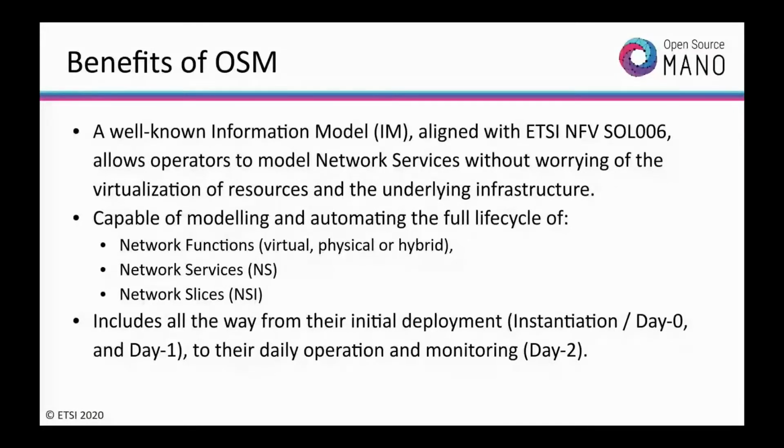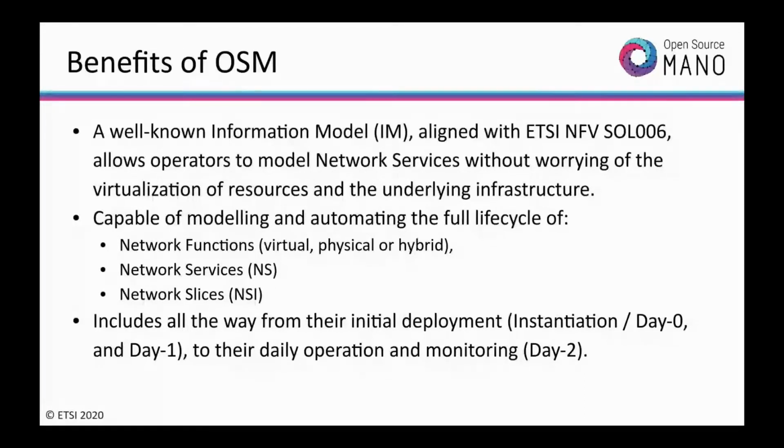So it models and automates the full life cycle of network functions, which includes virtual. Virtual can be containers or VMs. So don't just think of virtual as VMs. There's also Kubernetes orchestration that falls under the virtual side of things.